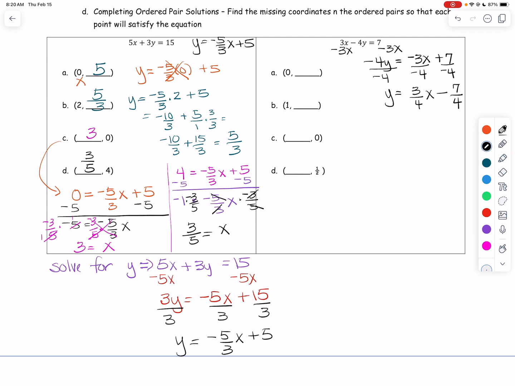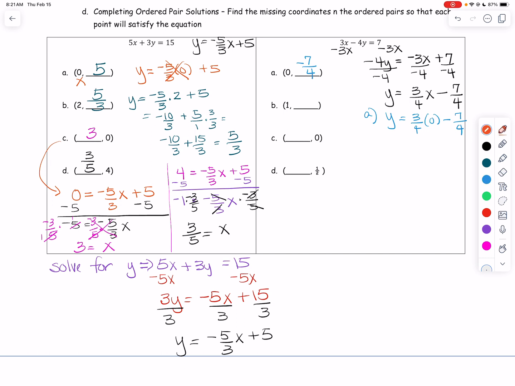So for A, x is 0, so 3/4 times 0 makes 0, and so I get negative 7/4. Now, it's not uncommon to have fractions in our linear equations, because that fraction we will eventually see is going to lead us into what we call slope, which is going to be, I think, 10.3 when we get to that section.